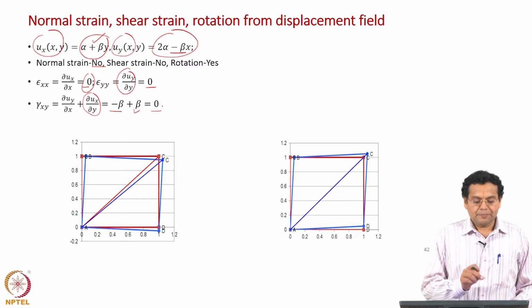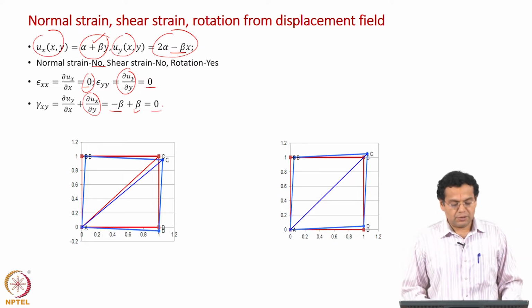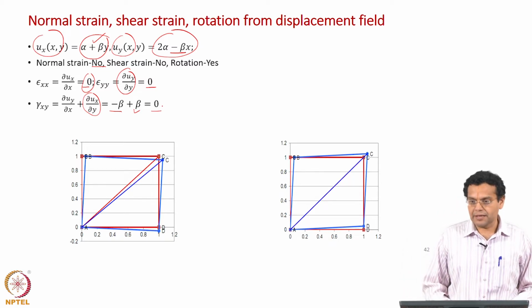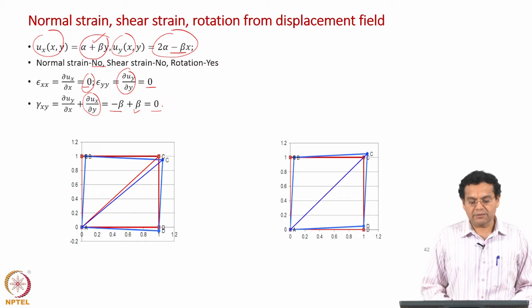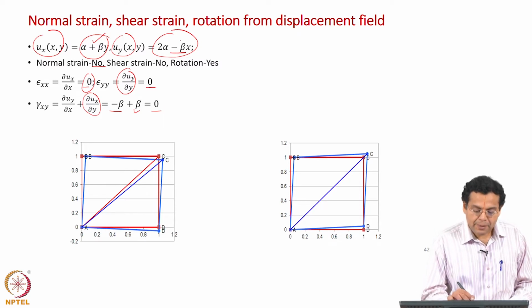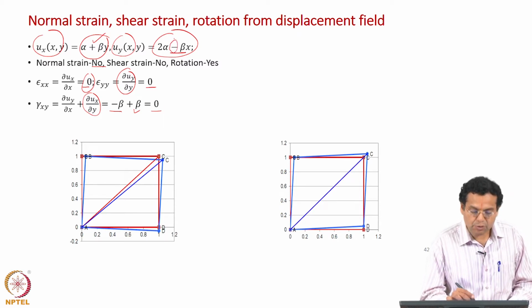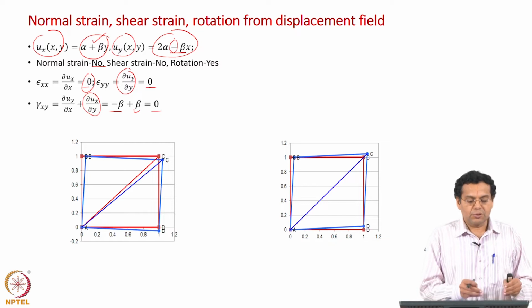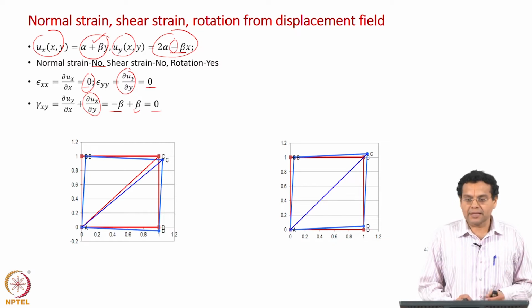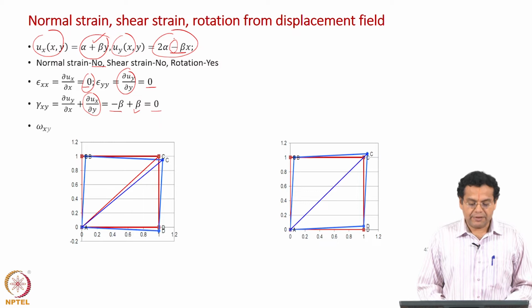So the shear strain is also 0, which is what we inferred from the initial and final state figures, but now we have quantitatively shown it. In fact, the minus sign here has been chosen so that you do not have any shear strain in this case. Now, let us evaluate the rotation.